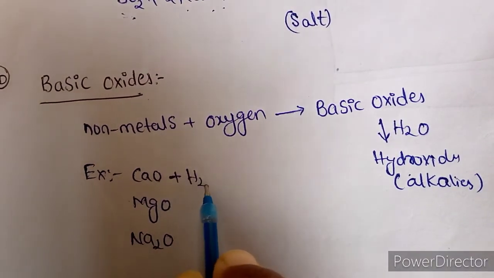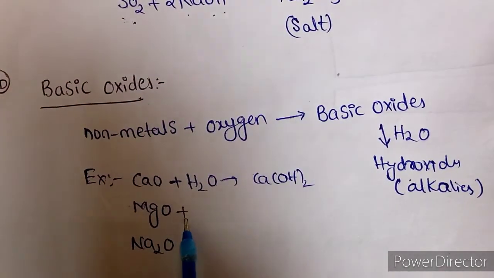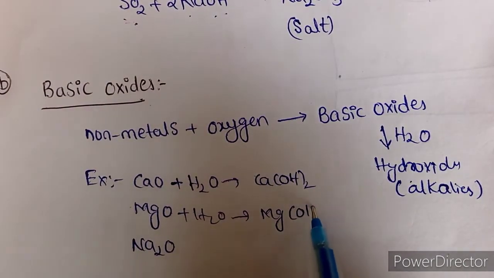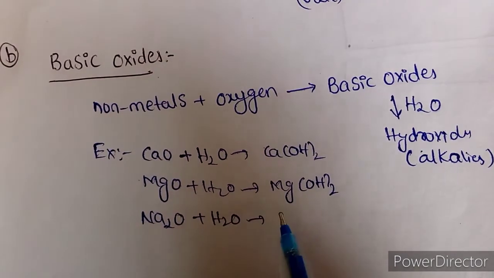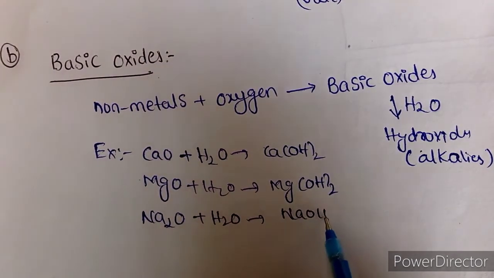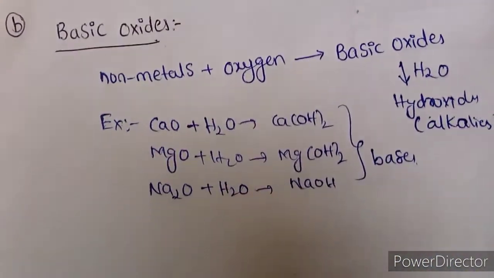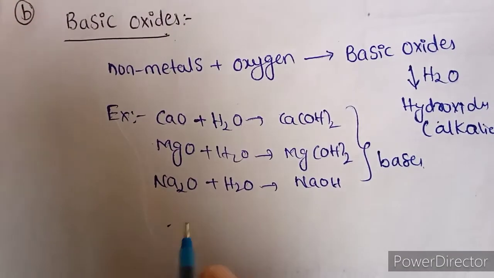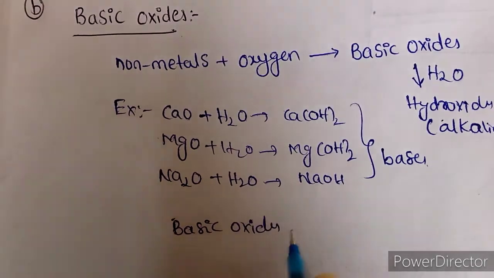Example, calcium oxide with water produces calcium hydroxide. Magnesium oxide with water produces magnesium hydroxide. And sodium oxide with water gives sodium hydroxide. These all are bases. And in reaction with acids, these basic oxides produce salts.